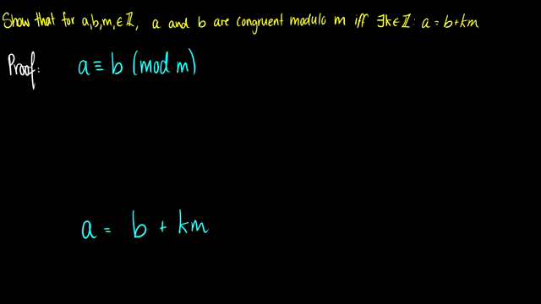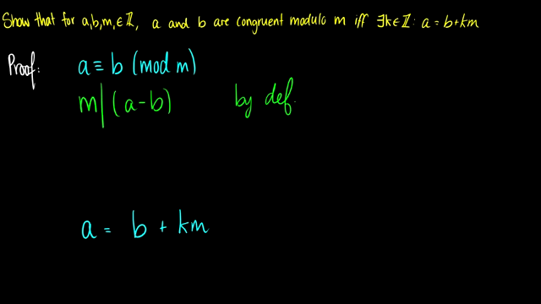But what I'll do is I'm going to work it from left to right, and then right to left are just the same steps. Okay, so a is congruent to b mod m. This is the same thing, by definition, as saying that m divides a minus b. So this is by definition. Okay, so what does this mean?